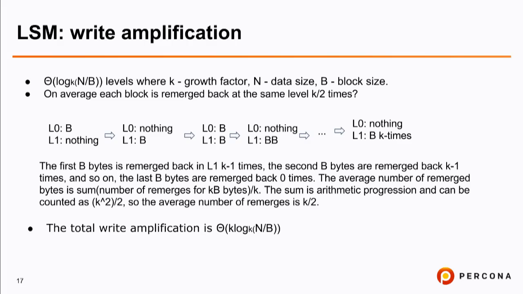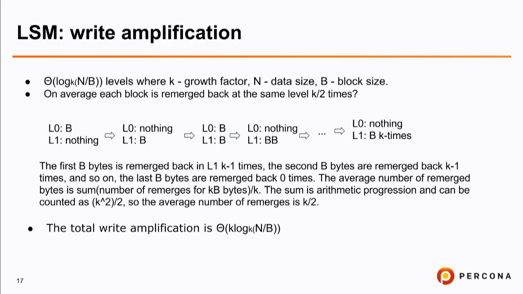When some block comes from level 0 to level 1, and then the second block is merged to level 1, the first block is remerged once. When the next block is merged to level 1, the first block is remerged twice, the second once, and so on. And at the end, the first block is remerged k minus 1 times, the second block is k minus 2 times, and so on.